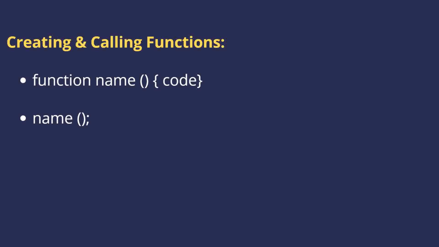So instead of repeating the same code over and over again, you will just write the name of the function, then small brackets and curly brackets. All the code will be in between, and whenever you want the execution, you will just use the name of the function, as you can see here. The first part shows creating a function, and this is calling a function.